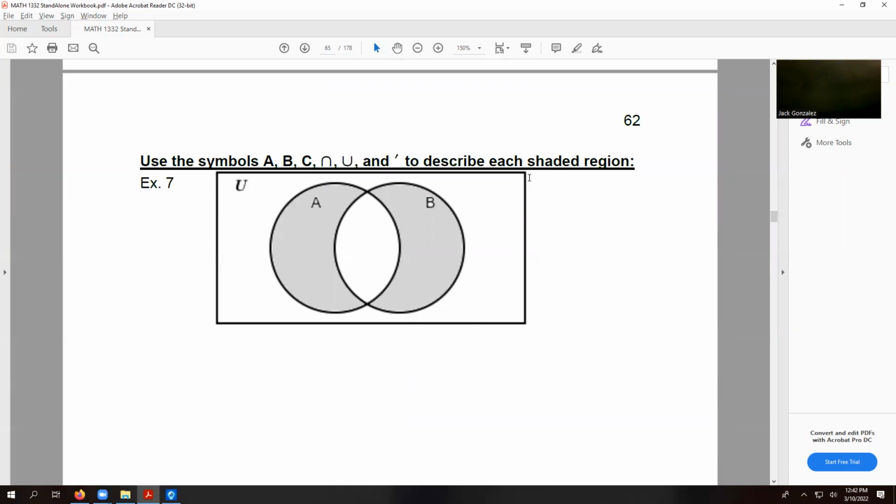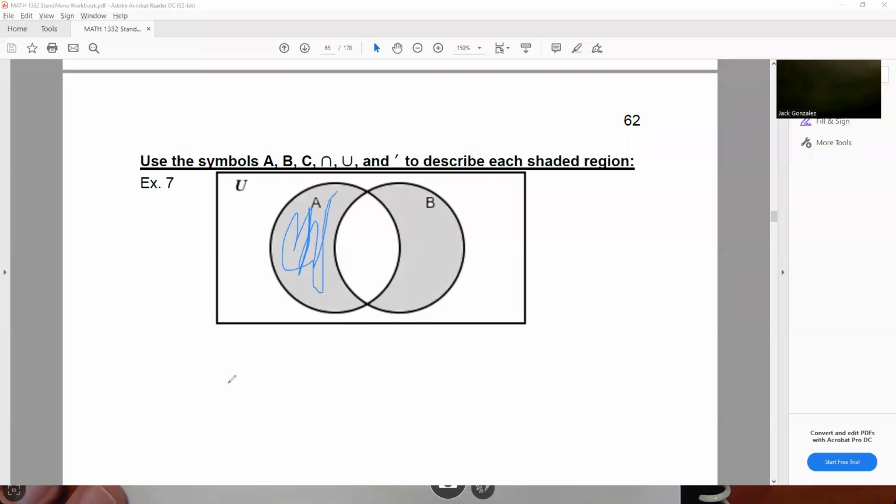It would be A intersect not B, because we want nothing to do with B. So I'm thinking for the left region, the left side, this guy, let me mark this in my annotation here. Just this, nothing else. It has to be A.